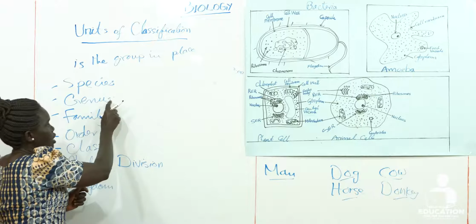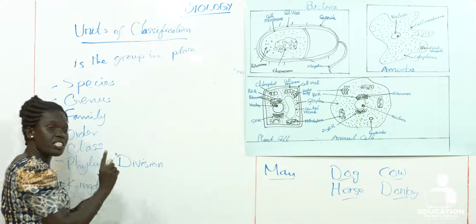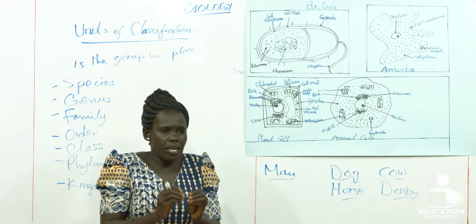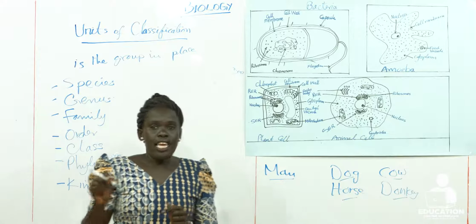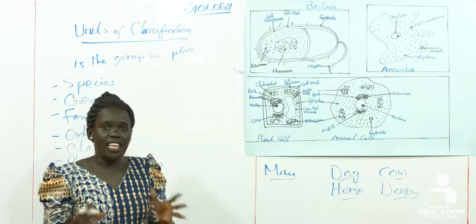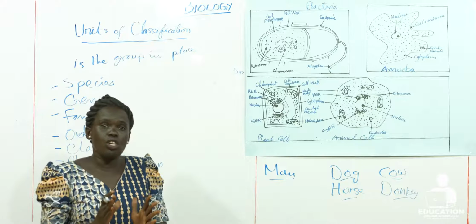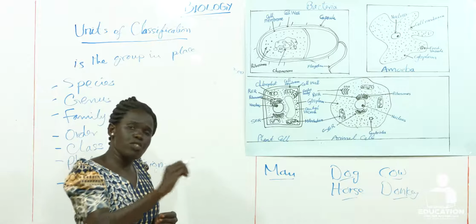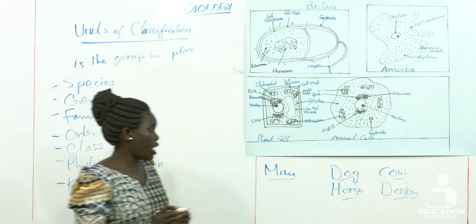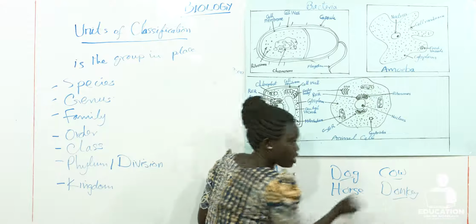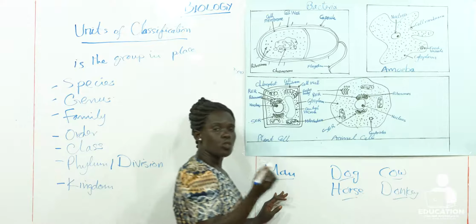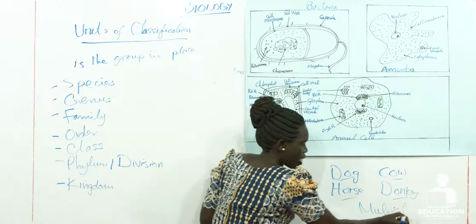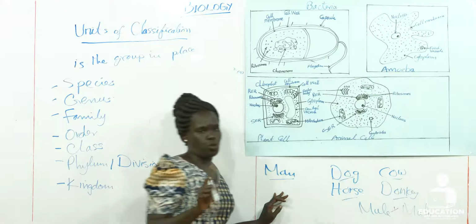But different species under the same genus, they don't mate. If that mating happens suddenly, the young one produced will be sterile. That means it cannot produce again, because it is a production between two different species. Like when the horse met with donkey, then they produce an animal, mule. This mule plus another mule will not produce.